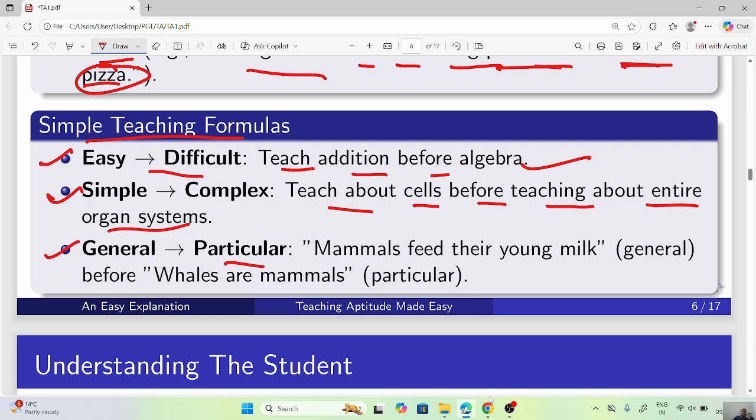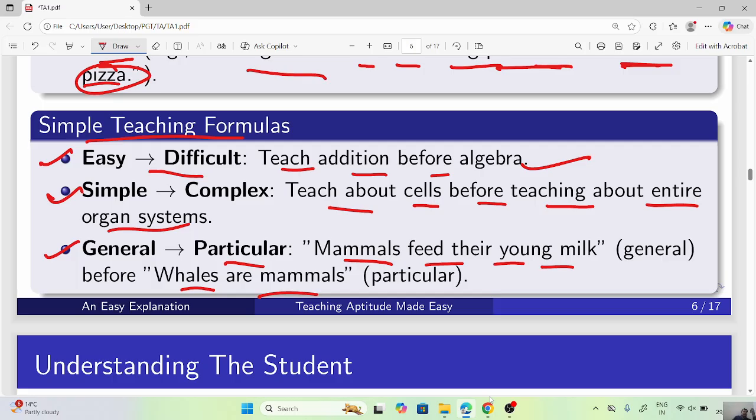General to particular: like mammals feed their young milk. It is a general perspective before whales are mammals. Whales are a particular example, which is a complex example.